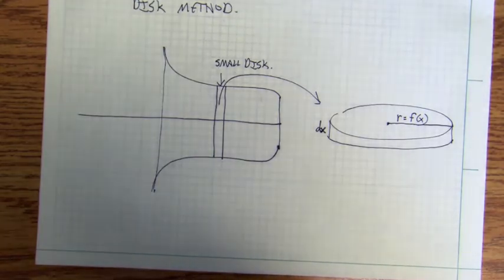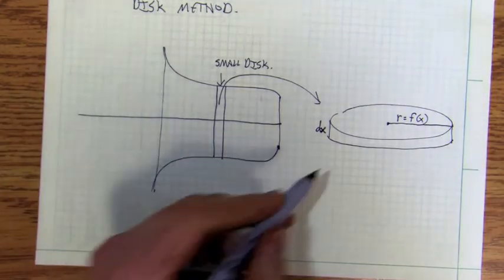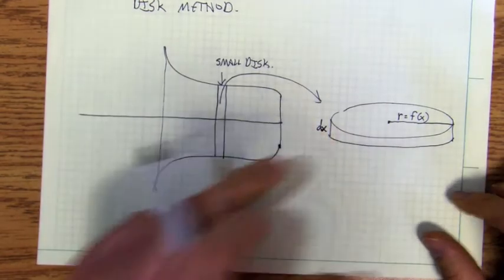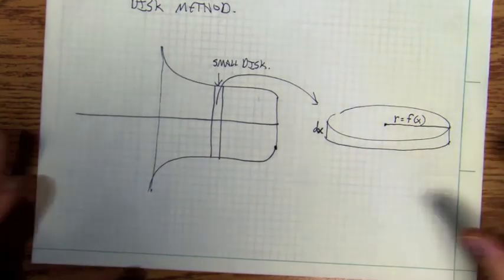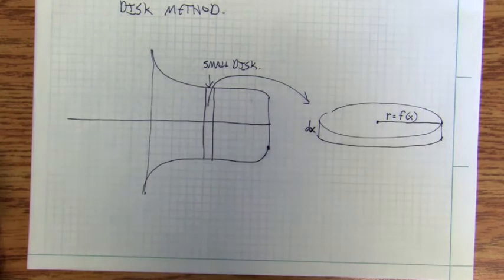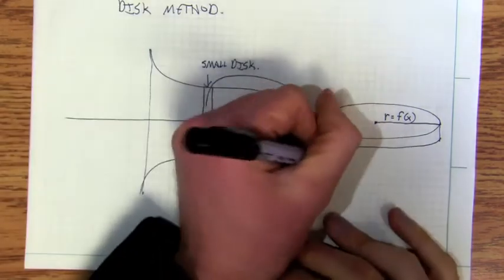And well, if I really want, I can even get more approximate than that, but I'm just going to leave it as dx because it's all going to work out in the calculus in a little bit.